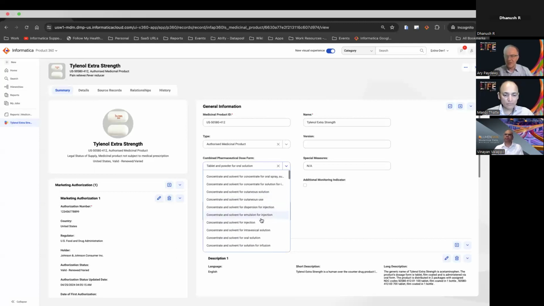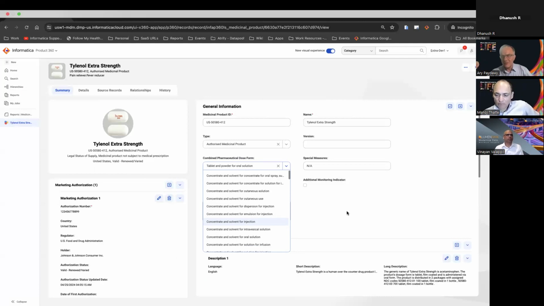In some cases they have tablet, soft capsule, hard capsule, H capsule, so you end up with variations of the dosage form. There are a lot of these lookups and references that are required to do the submission according to the standards.